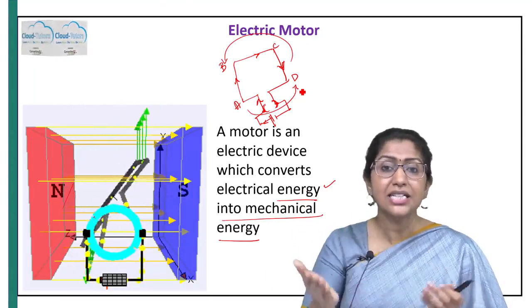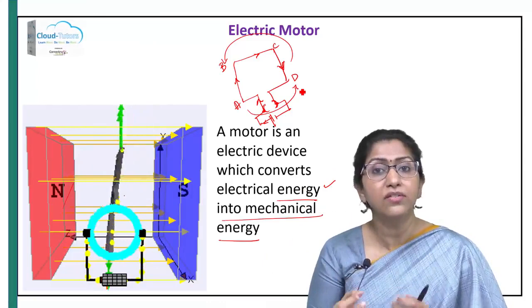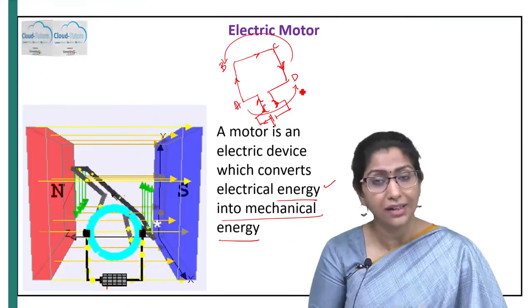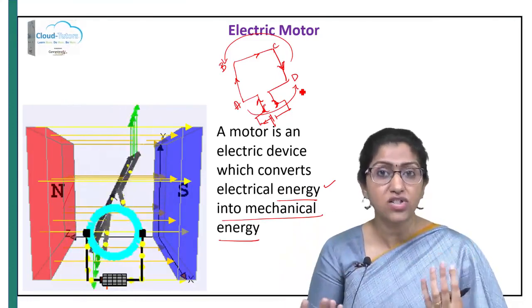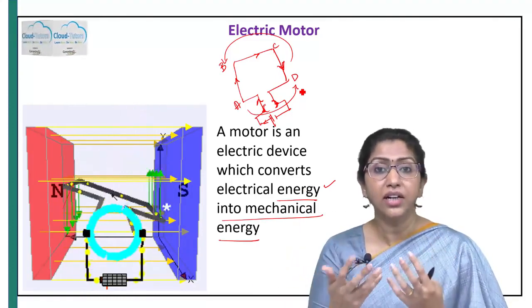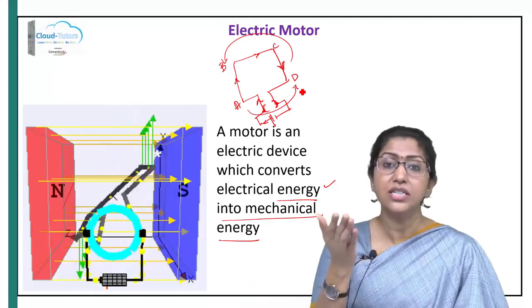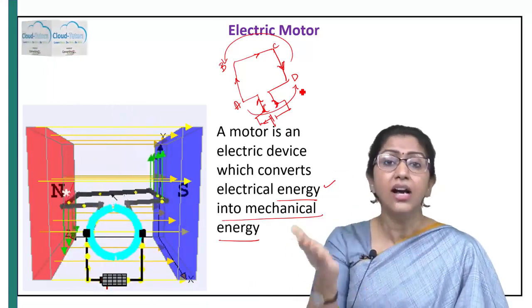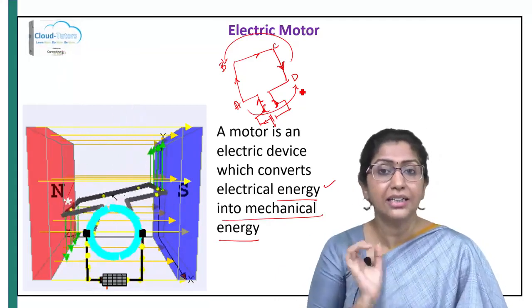This cycle basically continues until and unless we stop the flow of electric current completely. Hence, the electrical energy is basically getting converted into mechanical energy, which starts rotating the electrical coil or the copper coil connected in this fashion.